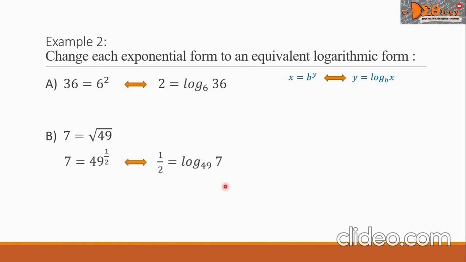The 1/2, the exponent in here, will be our answer here, 1/2, then equals. We will write the log of the number 7, and this base 49 of the exponent is the same base for the logarithm. So our final answer is 1/2 equals log of 7 to base 49. This is our final answer.